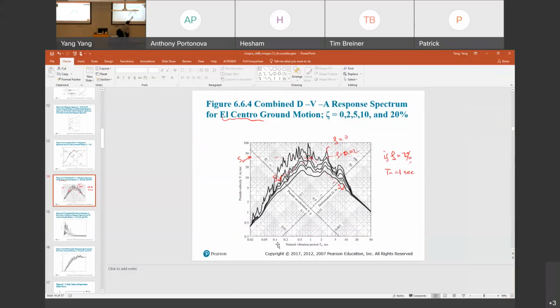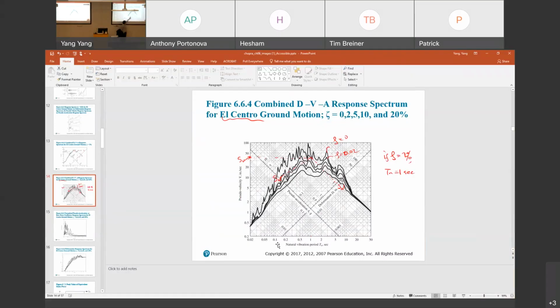Actually, these two axes can be placed anywhere in this chart, but when you change the location of these two axes, the numbers will be changed, because these numbers are dependent. For example, the number at the bottom over here is a function of the frequency as well as the number over here.